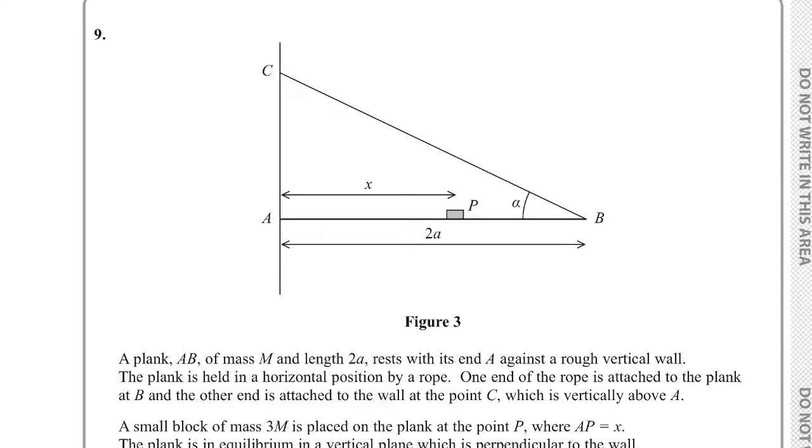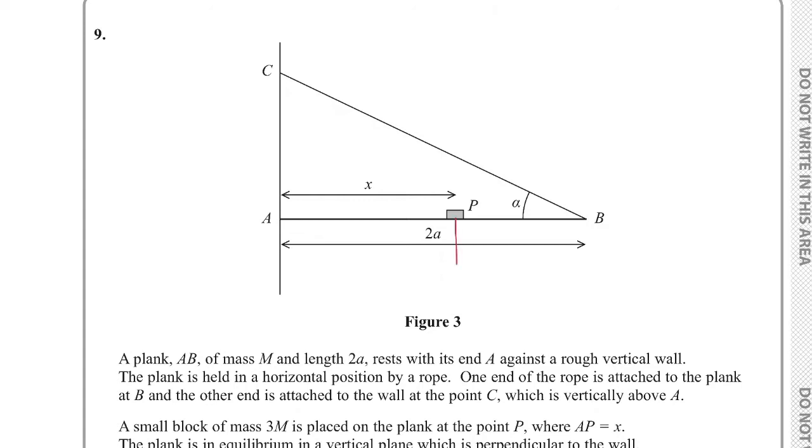Question 9 speaks about a plank, has a mass of m and length of 2a. It's resting against the rough vertical wall. It's being held in a horizontal position by a rope. The plank is uniform, so we will start by adding the forces.